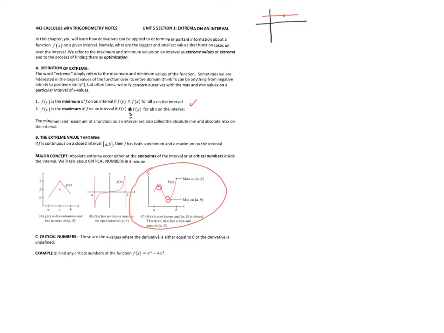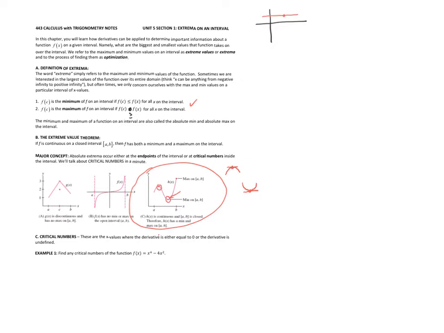But for finding these relative mins and maxes, what we're going to do is take a look at where these things occur, which is places where the graph has a zero slope tangent, either like that or maybe like this. You might have a minimum value down here or a maximum value up there.